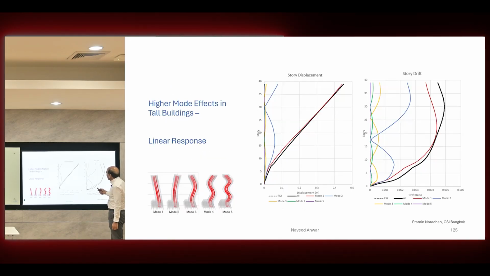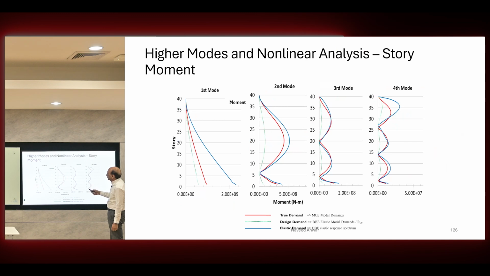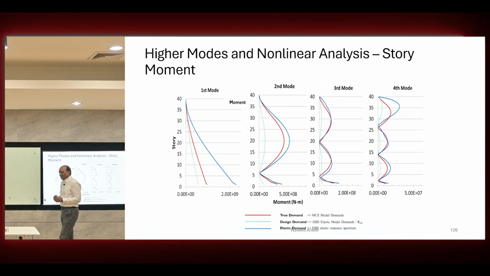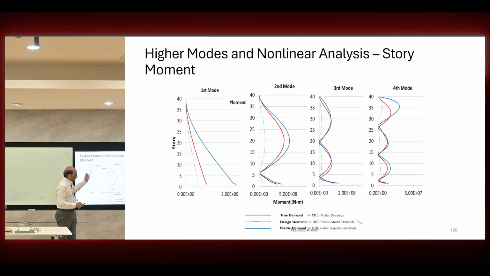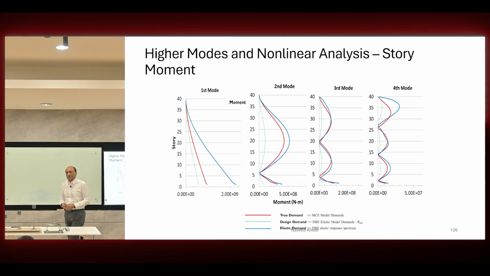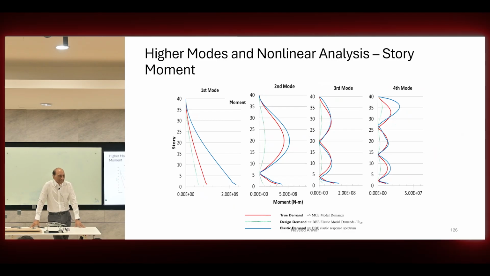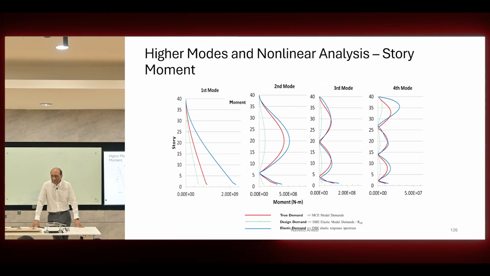But why it is important is when we go to nonlinear response. For nonlinear response, we take the linear response and divide it by R. You remember that factor, right? You reduce it by a response reduction factor, let's say of 5 for a tall building.